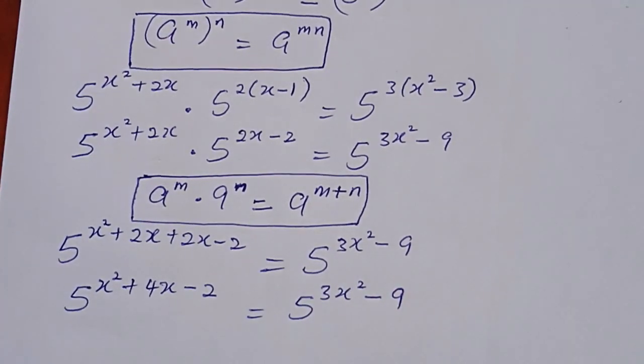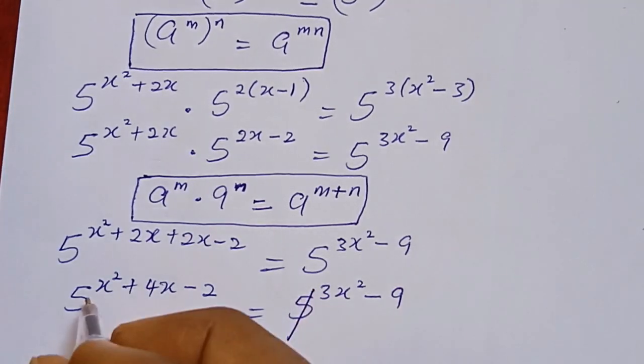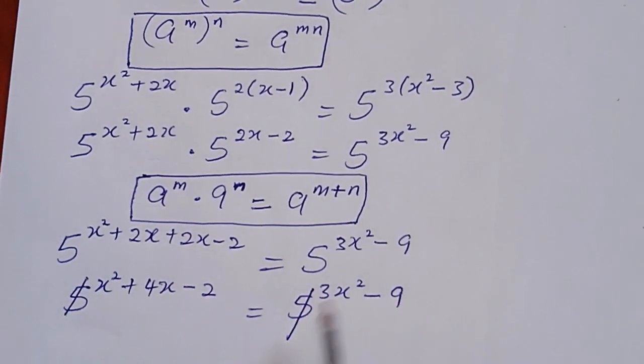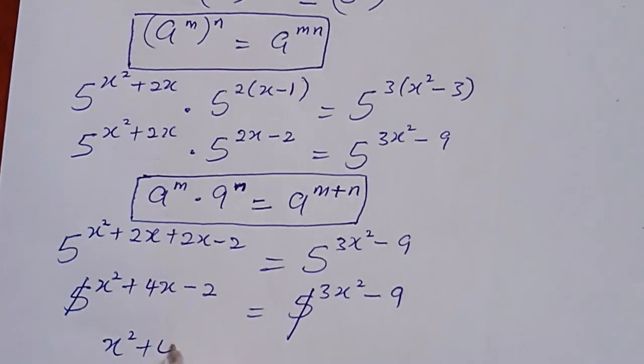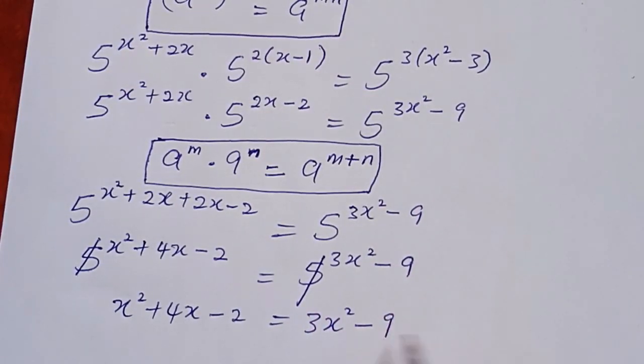So from here we can now cancel out the base. Since they are the same, we cancel out this and this. Then we are left with the exponent. We have x squared plus 4x minus 2 equals to 3x squared minus 9.